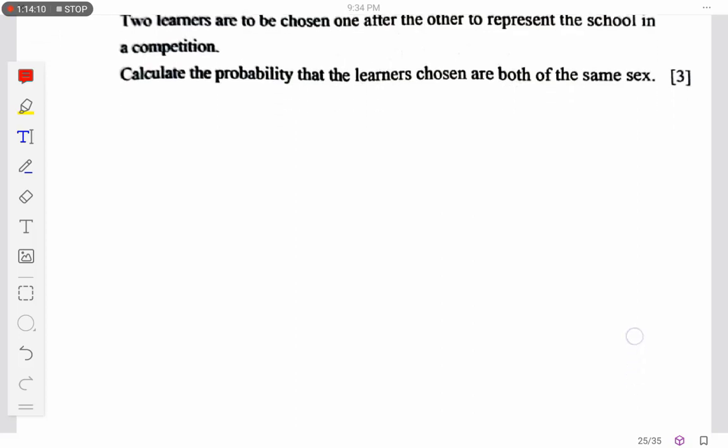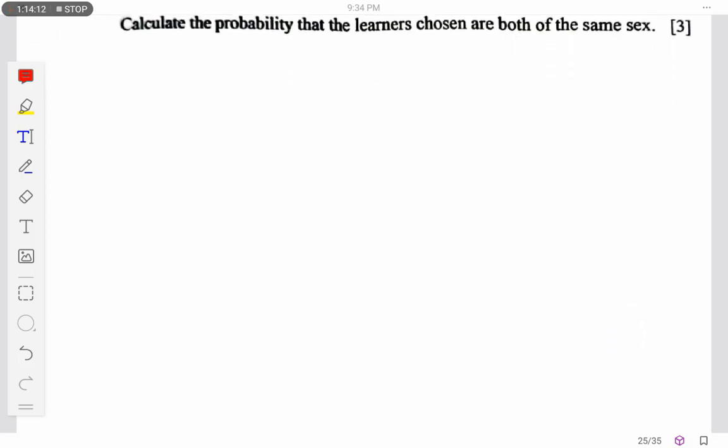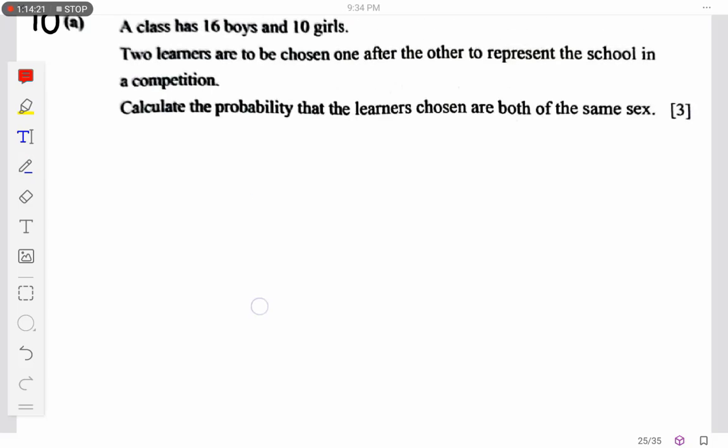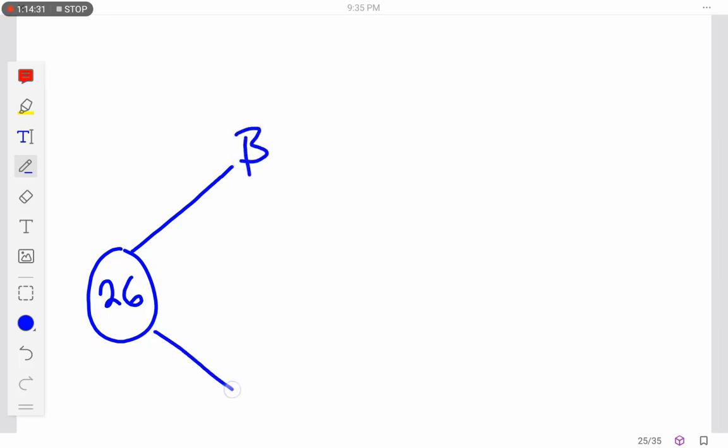Okay, fine. For this one, guys, it's easier for me to use a tree diagram. So let's just use a tree diagram. And I'm going to say here, we have how many boys and girls? 16 and 10. So I have myself here 26 students or learners. Then I have my boys here and I have my girls here.